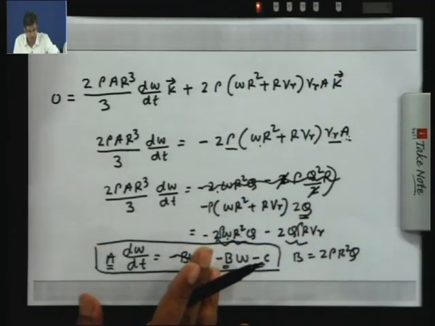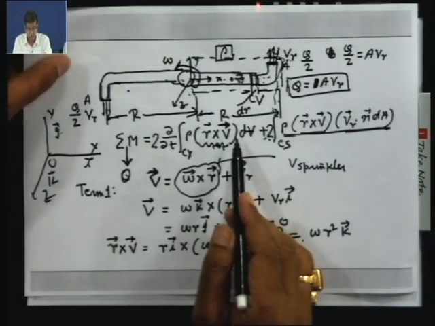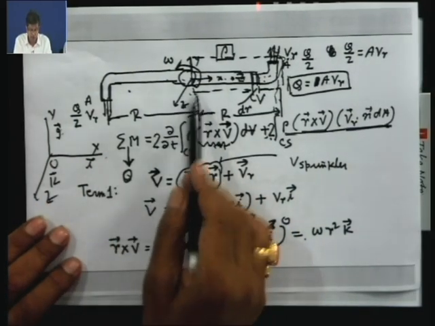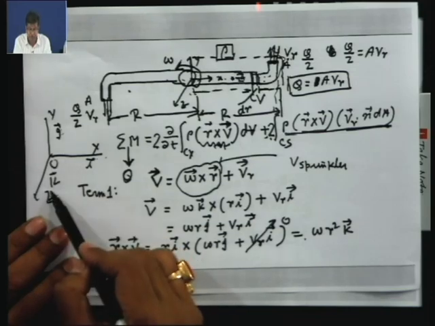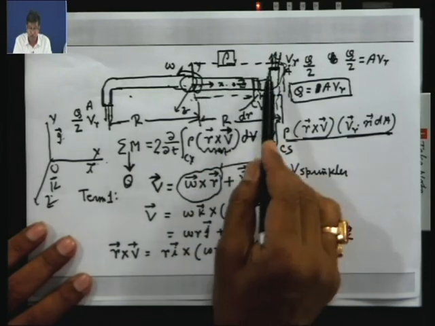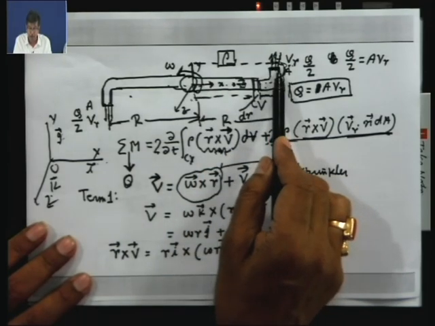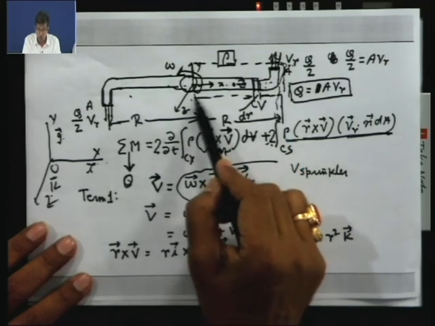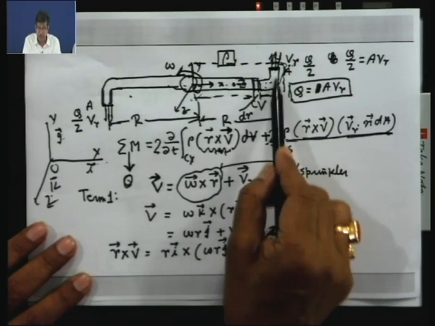That means we started with this principle. Now, if we have to solve this problem with respect to a static frame of reference, your only attention will be that you have to utilize the value given in the problem, given with respect to this rotating frame of reference, that means with respect to the control volume.